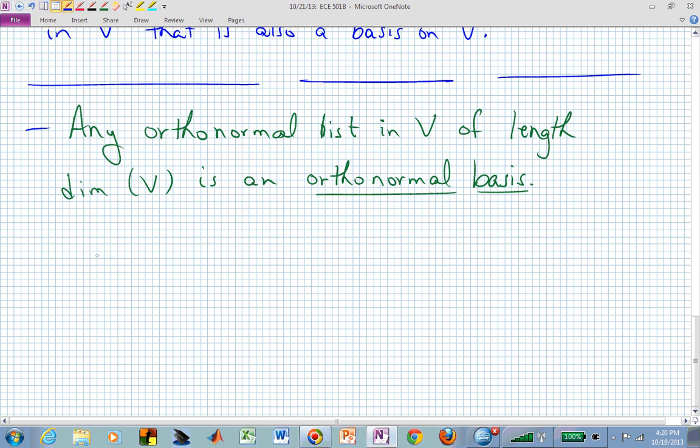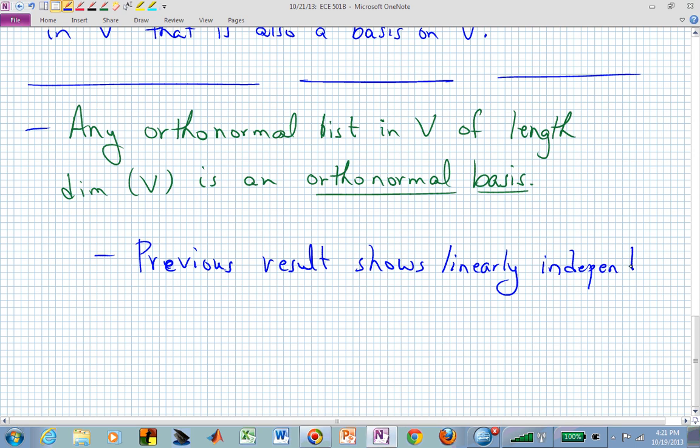That follows from our previous result, corollary 6.16, which shows that the vectors in that list are linearly independent. If it's an orthonormal list, then they're linearly independent, and that's one of the conditions of a basis.